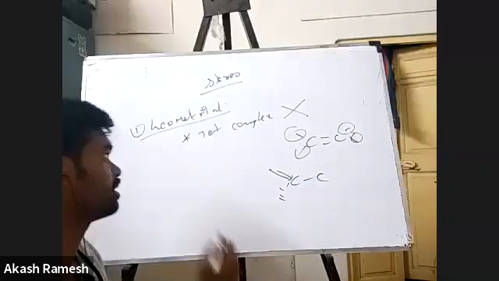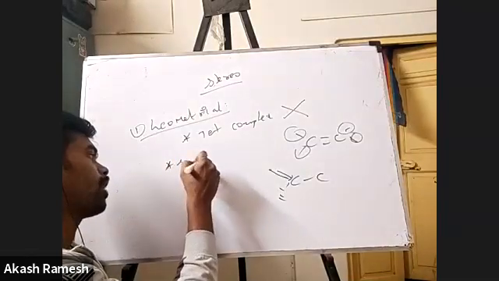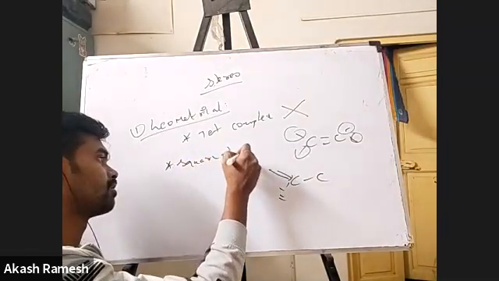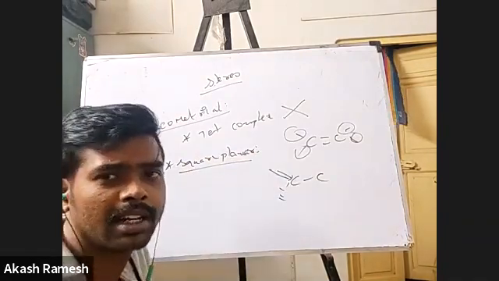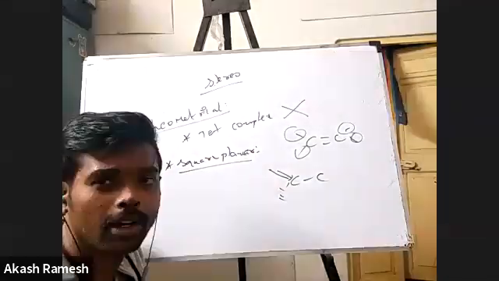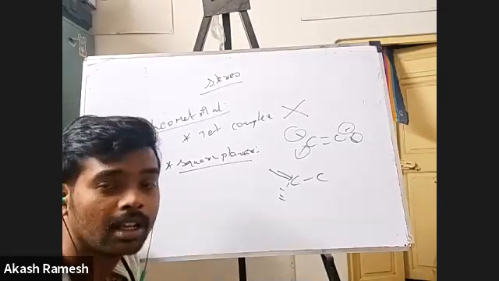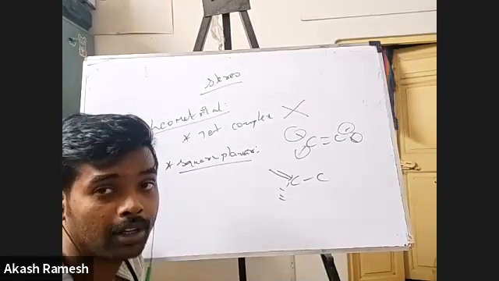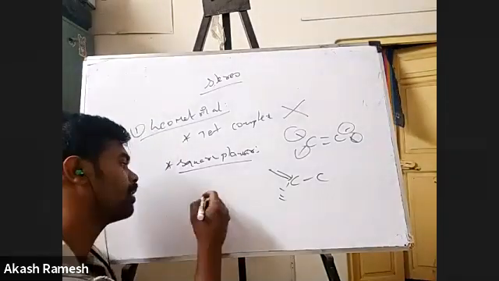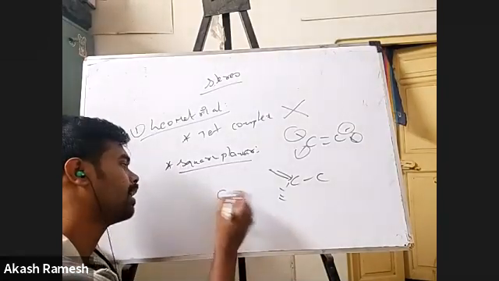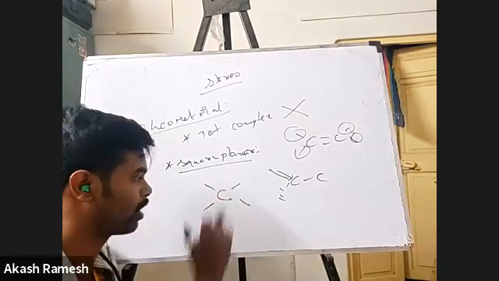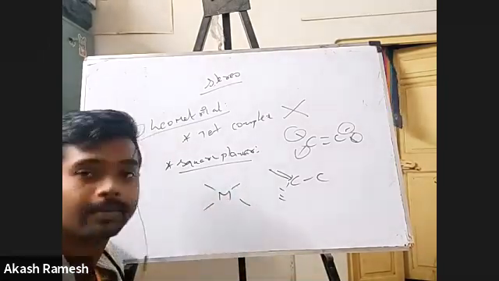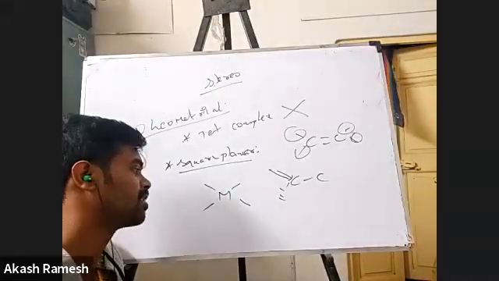Next, when I go for square planar complexes, what you have to understand is exactly what you had in organic chemistry, cis and trans. That's the kind of thing I'm going to have here also. So you have to understand what these cis and trans positions are, not on carbon, but on the metal.